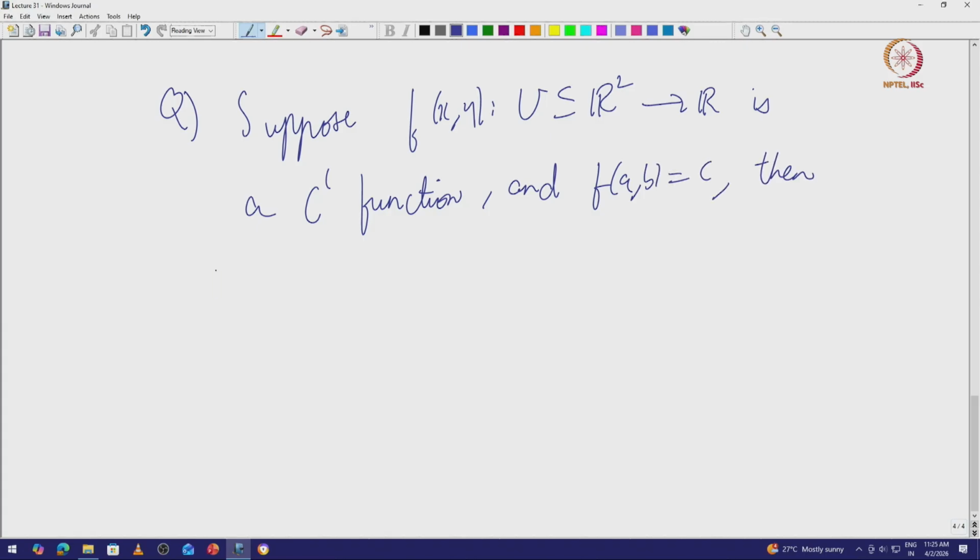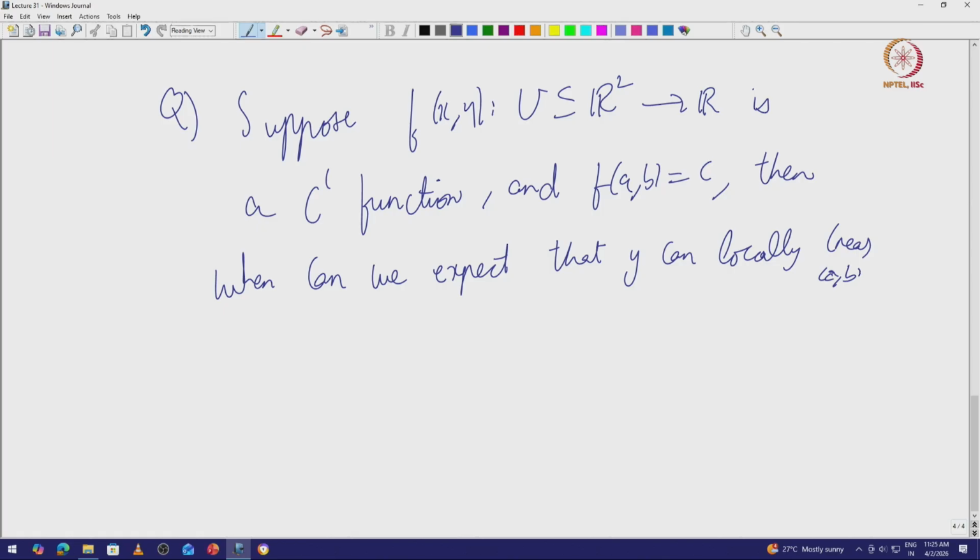When can we expect that y can locally, that is near the point a comma b, be solved for in a C1 manner in terms of x?